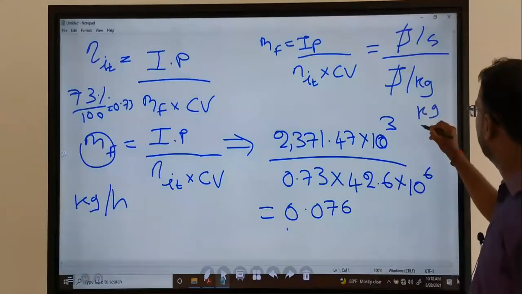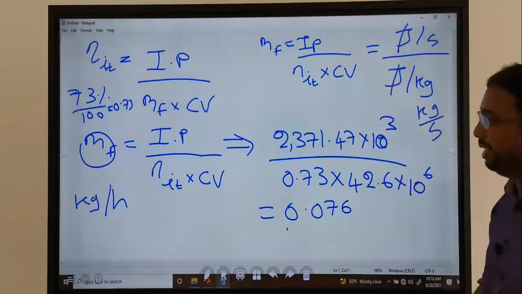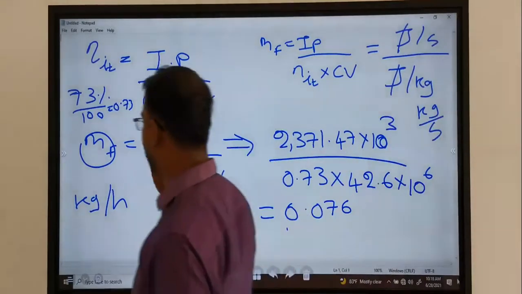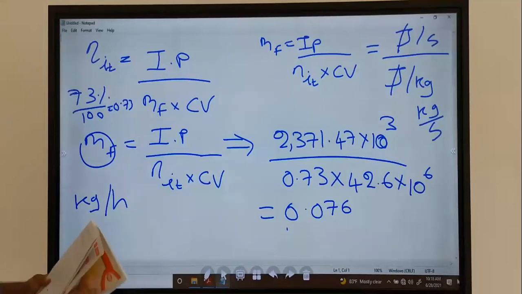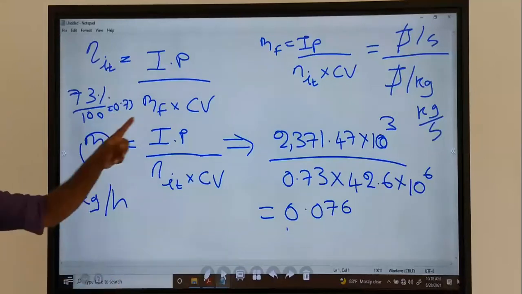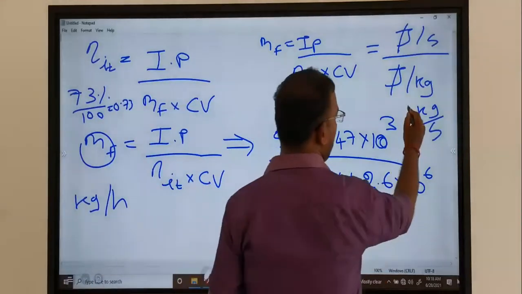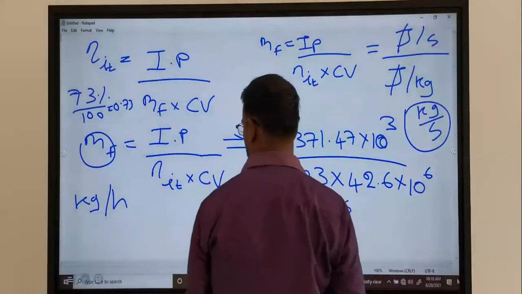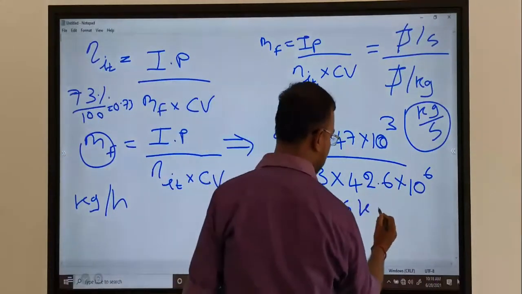So kilogram per second is MF. In this equation we get the mass of fuel consumed in the unit of kilogram per second.